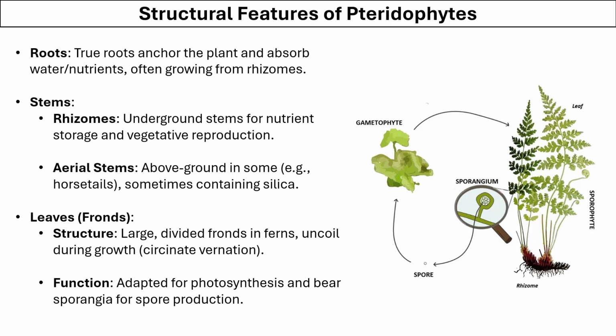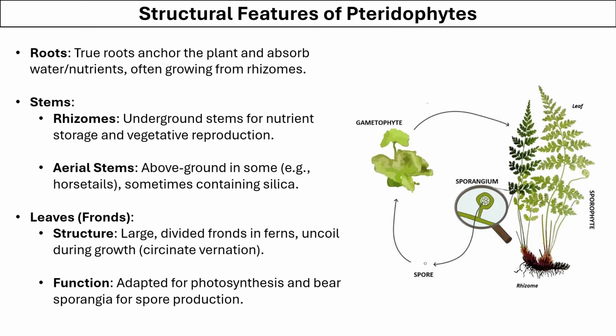Let's look at the structure of pteridophytes. They have true roots, which anchor the plant and absorb water and nutrients from the soil below. They can have two kinds of stem: rhizome, which is the underground stem for absorbing the nutrients, and the aerial stem, which is above the ground, and they sometimes contain silica.